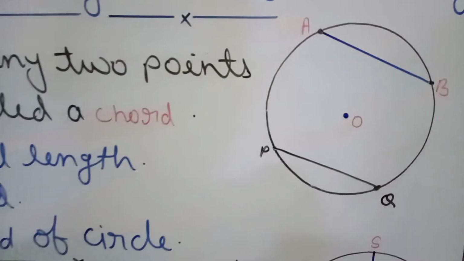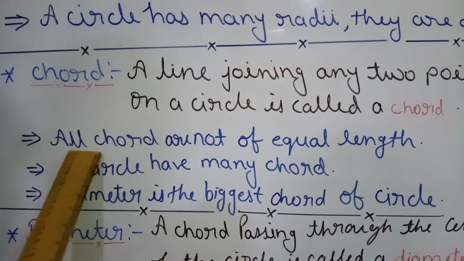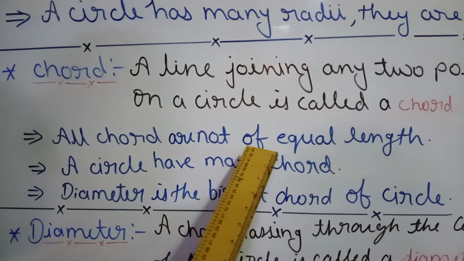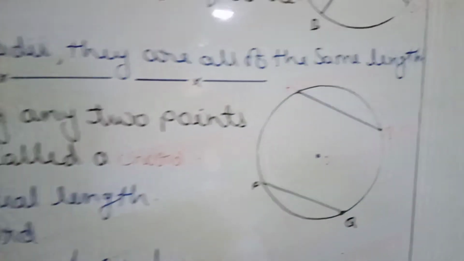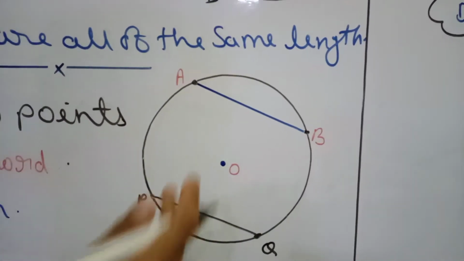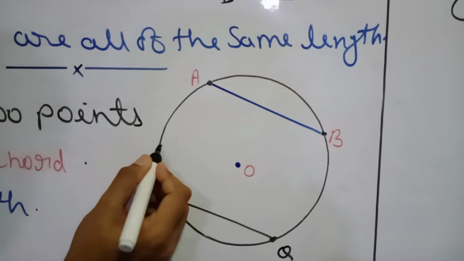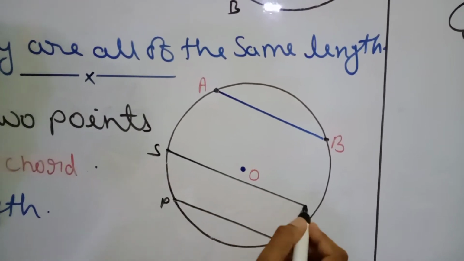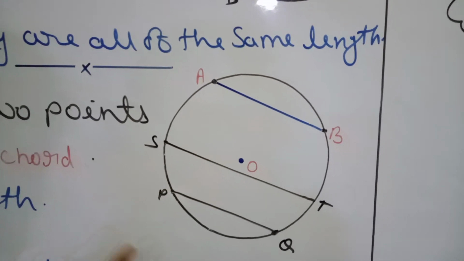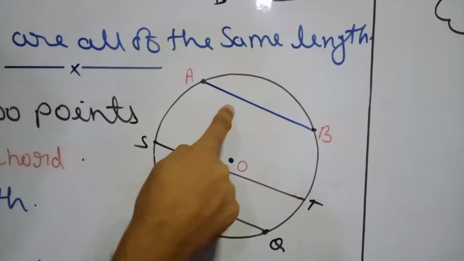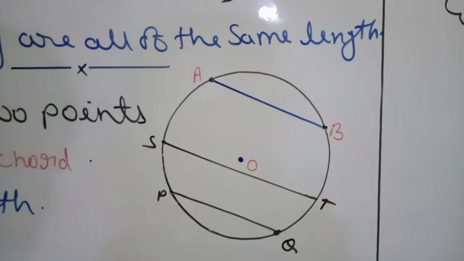Now here we have a few important notes regarding the chord. All chords are not of equal length. You can see here we have the various chords, but all chords do not have equal length. Suppose here we have S and T. These all three are chords, but by observing them you come to know the lengths of all three are different.